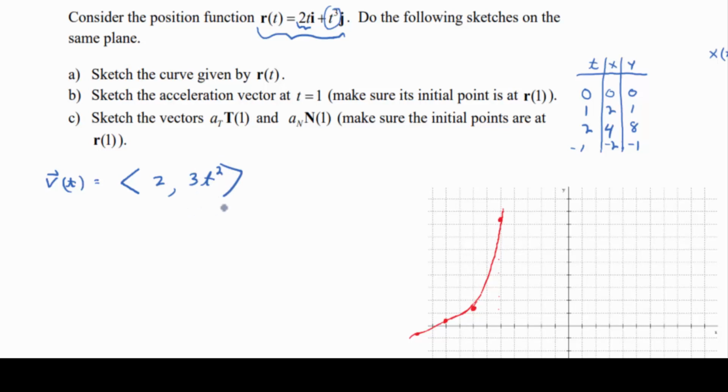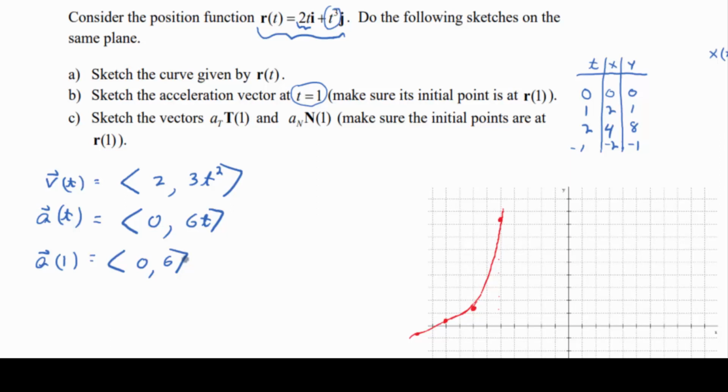Okay, but we're in the plane, so we don't need to worry about the other component. And then a of t would be 0, 6t, and then we want a of 1. It's telling us a of 1 would be what? 0, 6. Okay?